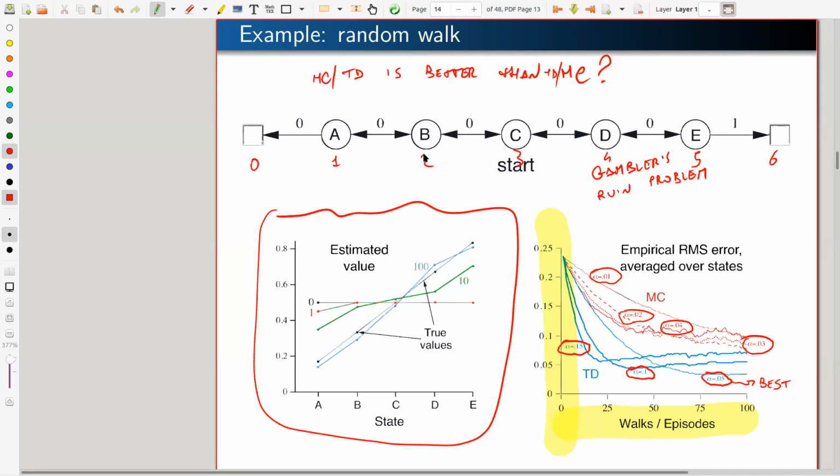So you start, let's say you have 2 euros, you throw a coin, and according to head or tails, you win or lose 1 euro. And if you reach 6, you win. If you reach 0, you are ruined, you lose the game. The coin is fair in this problem, and these are the representation of the estimates of the different methods.